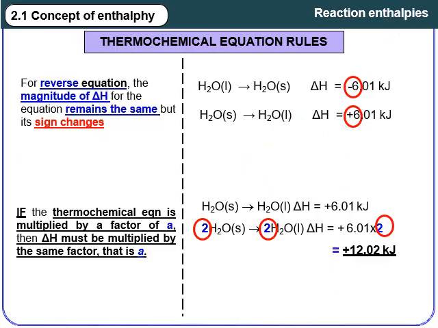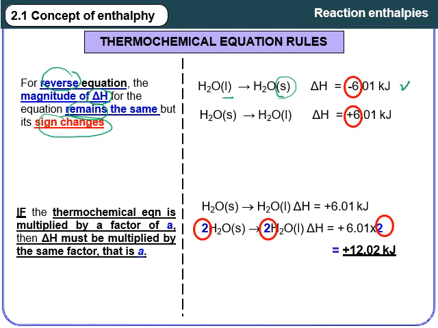Let's look at a more concrete example. For the reverse equation, the magnitude or value of delta H will remain the same, but the sign will be changed. For example, liquid H2O, which is water, when converted to ice, which is in solid form, will release 6.01 kilojoule.